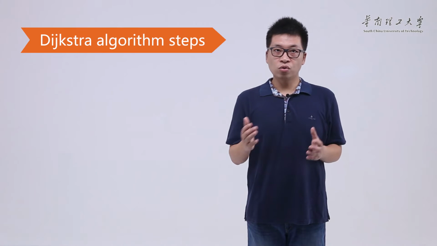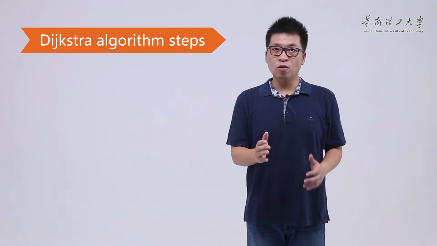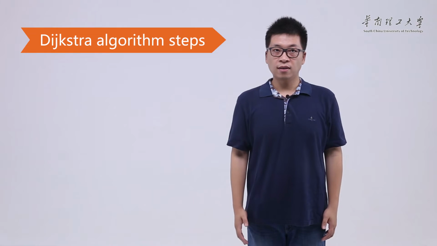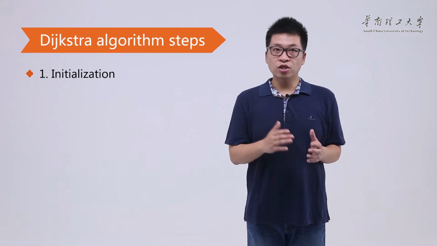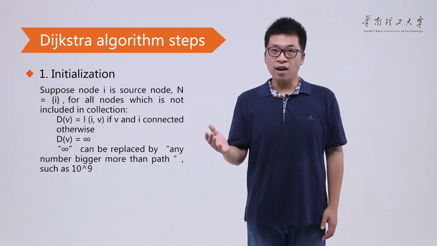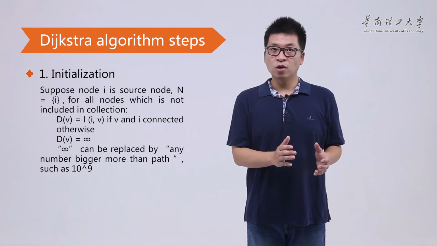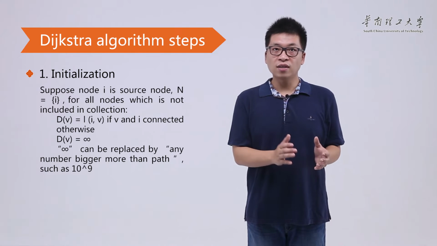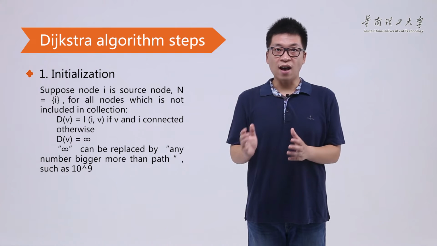We now try to explain the steps of Dijkstra's algorithm. The first step is initialization. Suppose node I is the source node. We have a collection N equal to {I}.